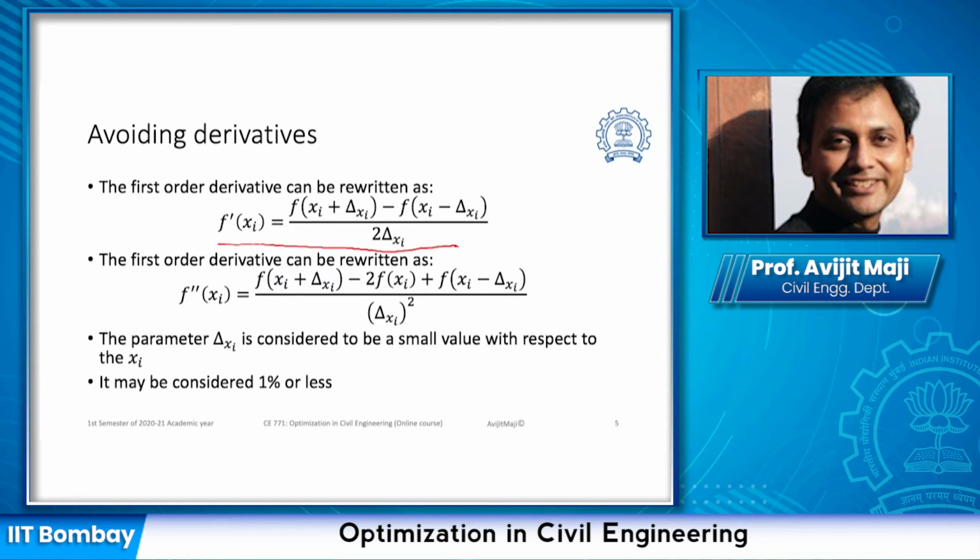Here we are going to evaluate the objective function only in the neighborhood of the given point to obtain the first order derivative of that objective function at that particular point.